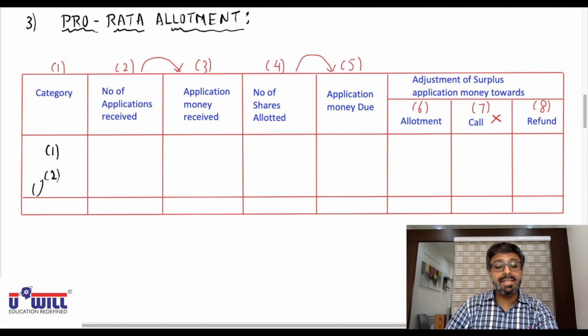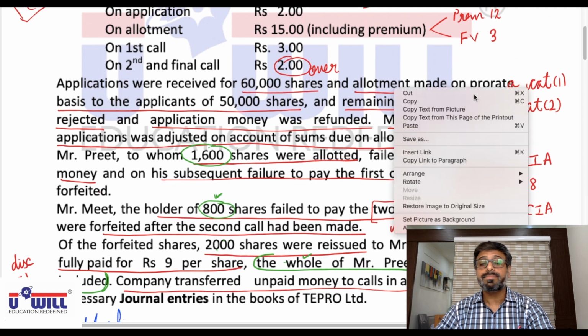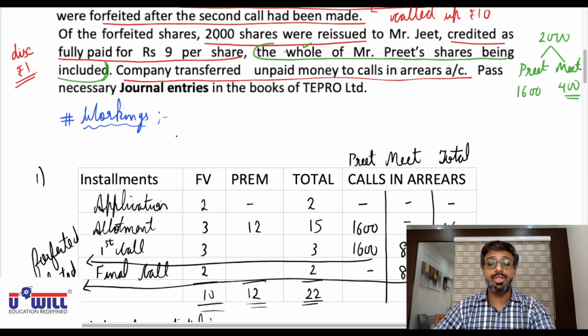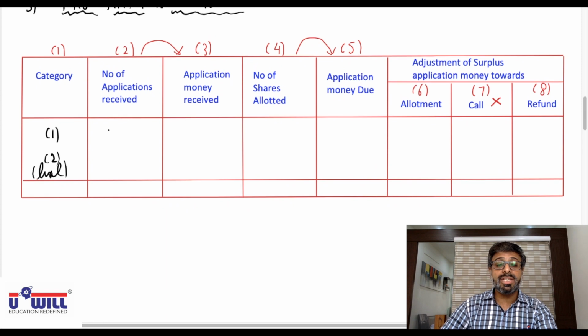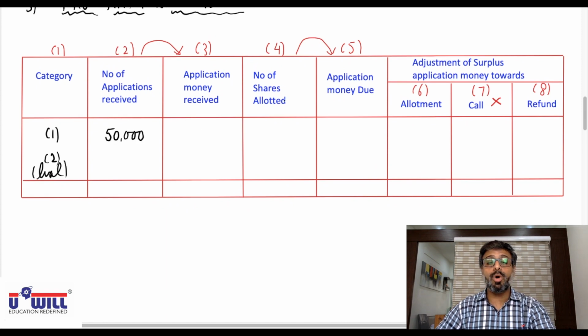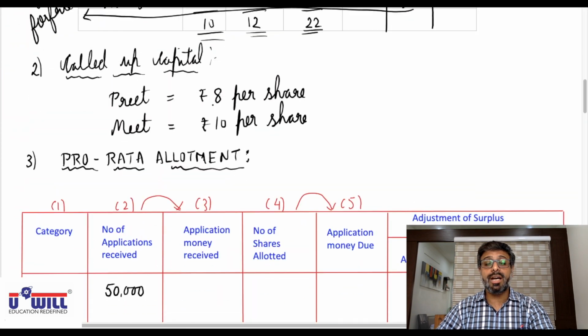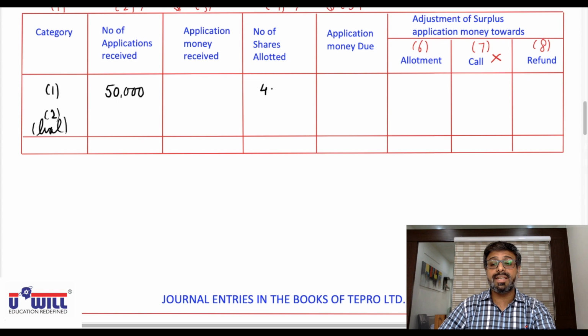Second is the balance category. First category here, allotment was made on pro rata basis to the applicants of 50,000 shares. So number of applications received 50,000. Now pro rata, how many shares can be allotted? 40,000 are issued, so only 40,000 can be allotted.